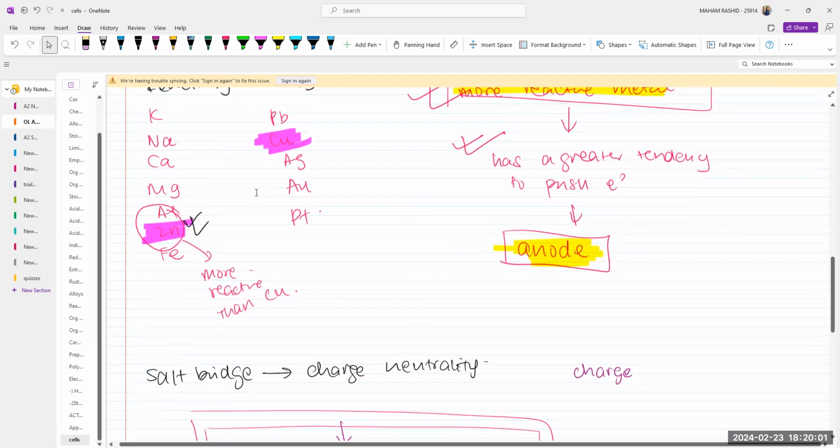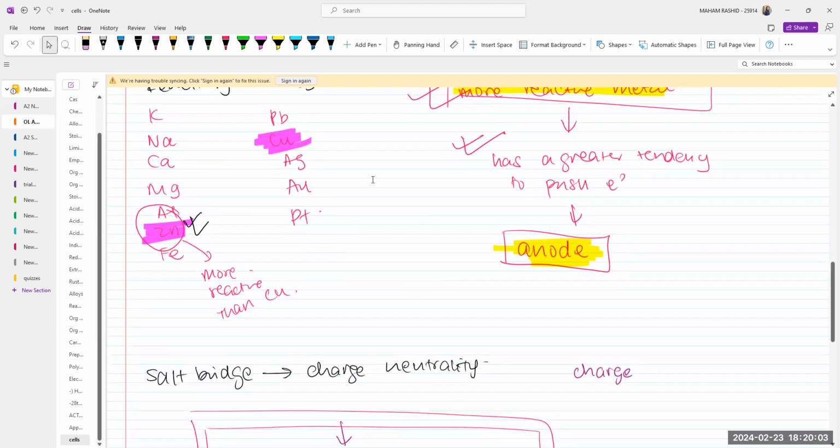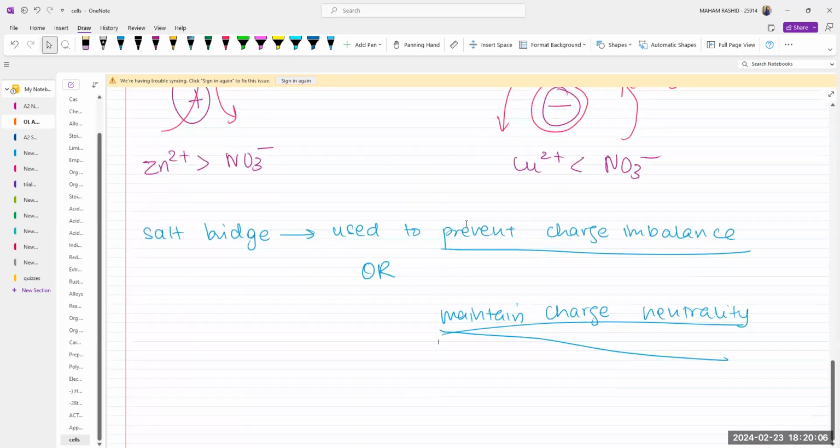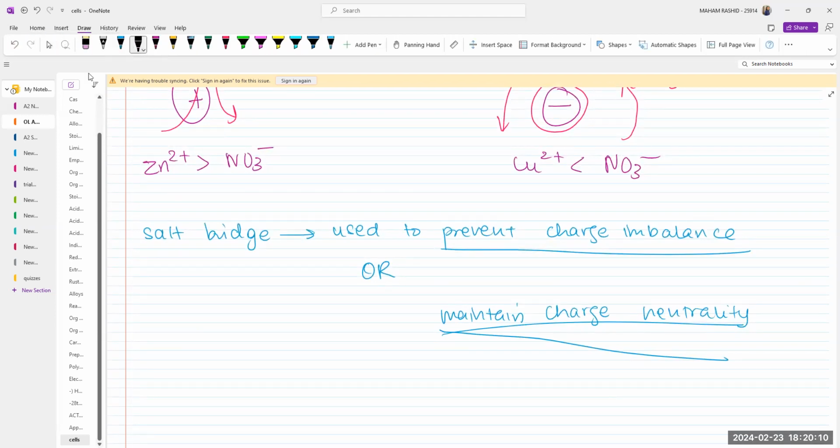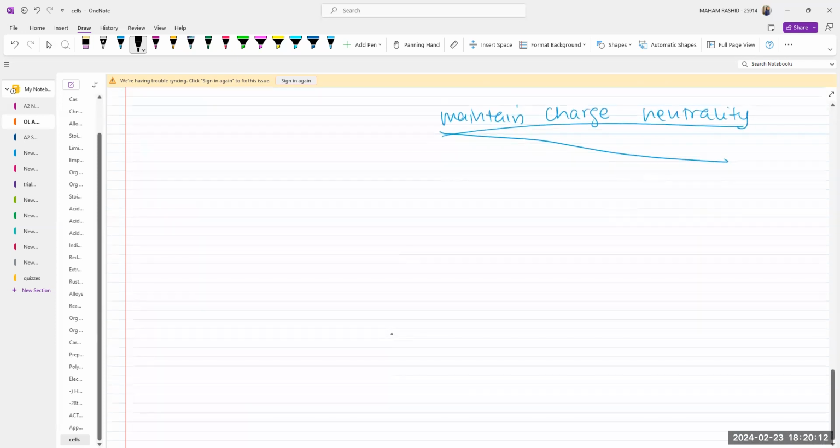So there's that. And let's write the equations as well. So the anode side and the cathode side.